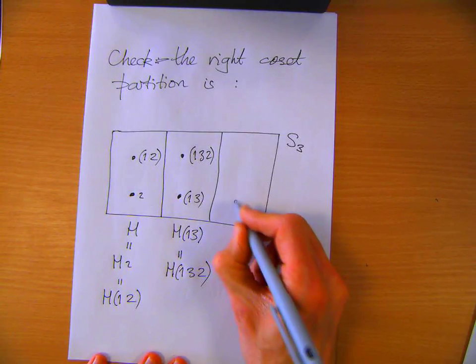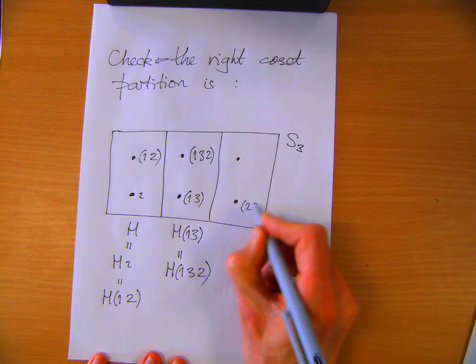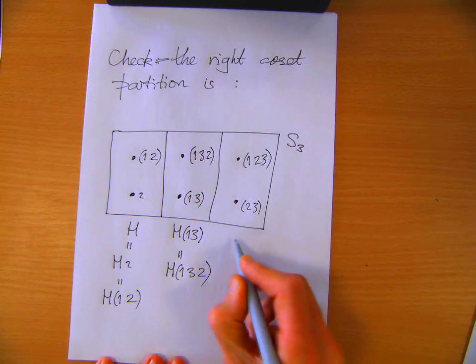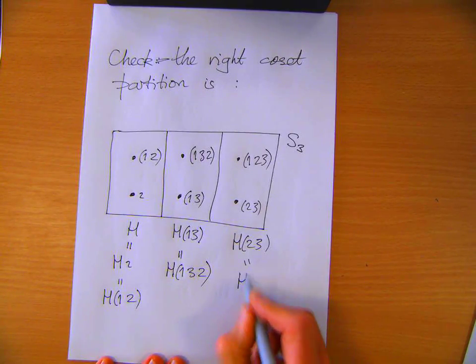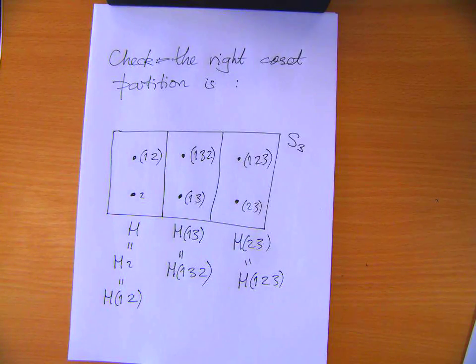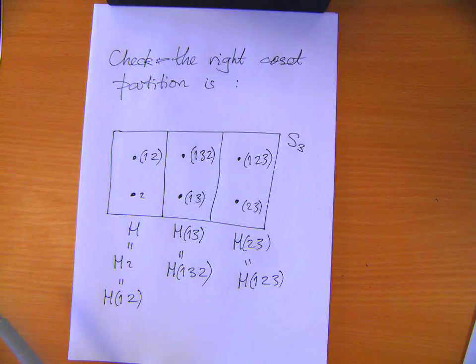And the other two live together as well. So this is (2 3) and (1 2 3). So I'm leaving you to check this. So H(2 3), that right coset, is the same as H(1 2 3). So notice that this is a different partition. It's a different way of splitting up the 6 elements from the left coset partition.